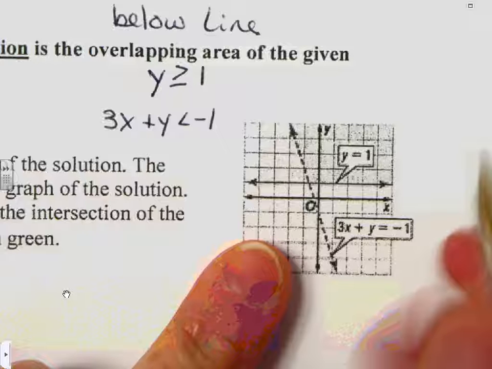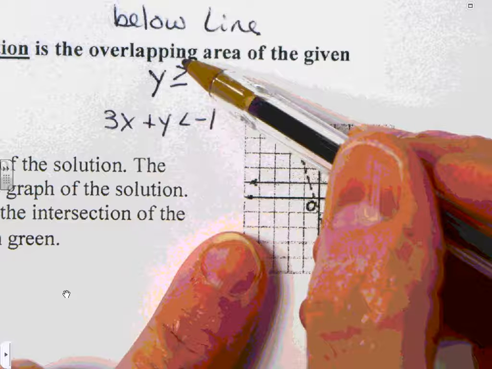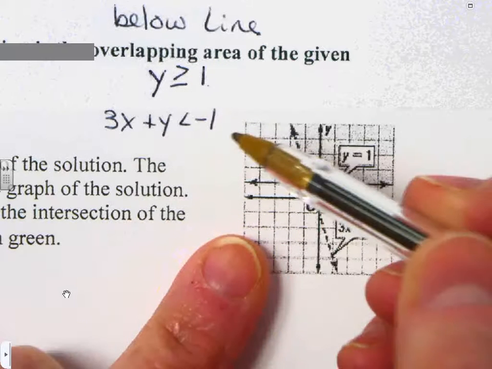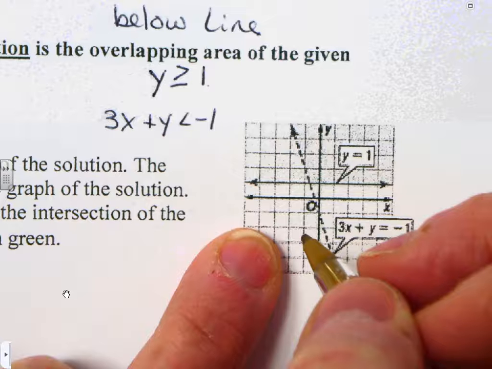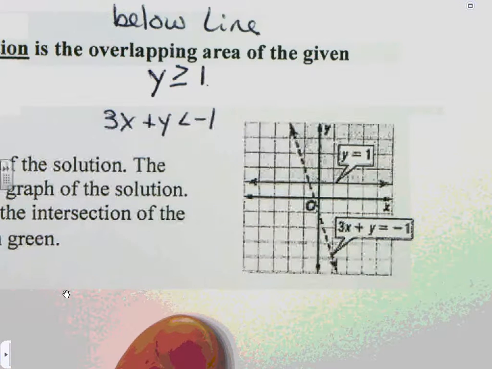So here we go. If I'm going to graph this first equation, y is greater than or equal to 1, does anybody know which direction that line will be drawn? It is a horizontal line. Very good. If you do the slope dance that we did way back at the beginning of the year that some of you were not real eager to do, it does come in handy.